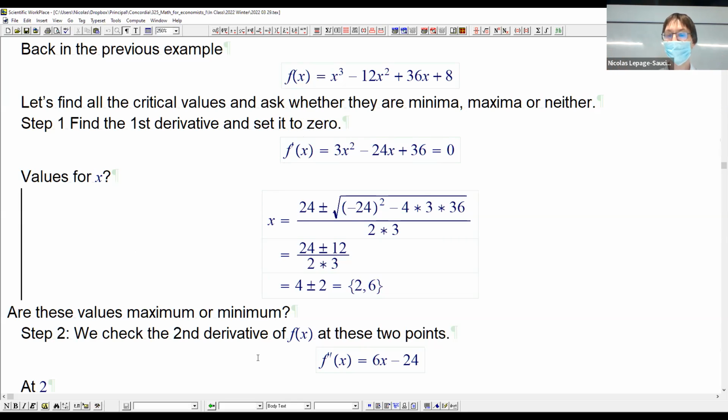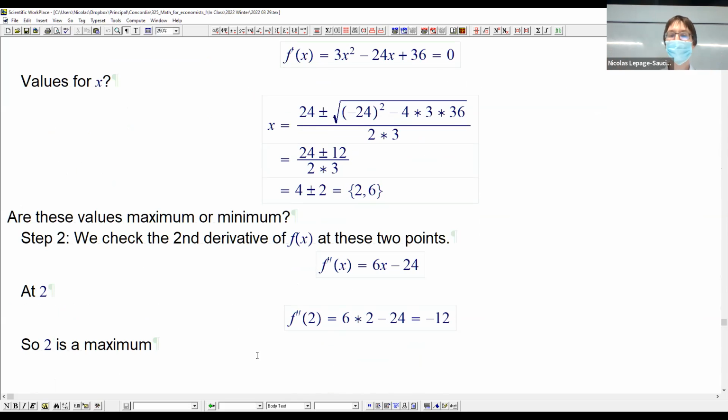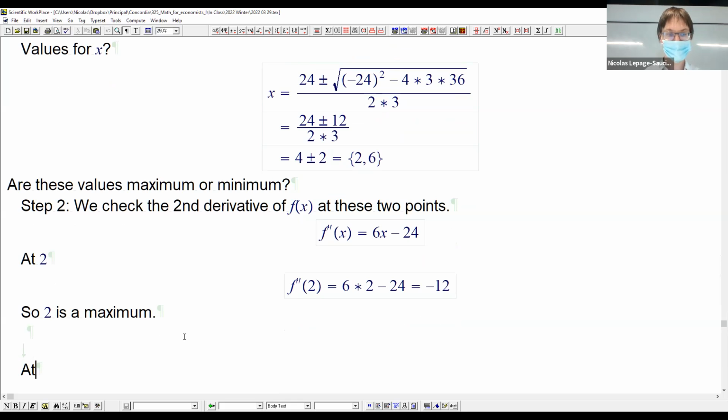So if I find one point which is a maximum, then I could essentially be sure that the second one is a minimum. But let us be sure, because we never know. It could be an inflection point or something.